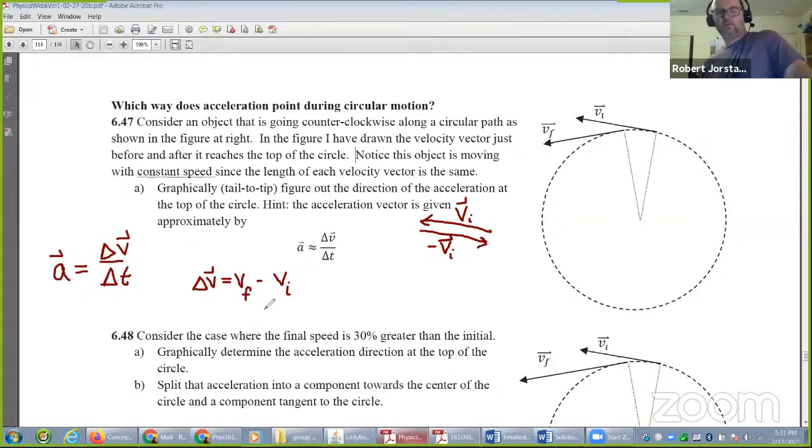So what is V final in this problem? It's going like this. Negative V initial is going like this. Notice delta V, oops, I forgot the vector symbols, points this way, right?